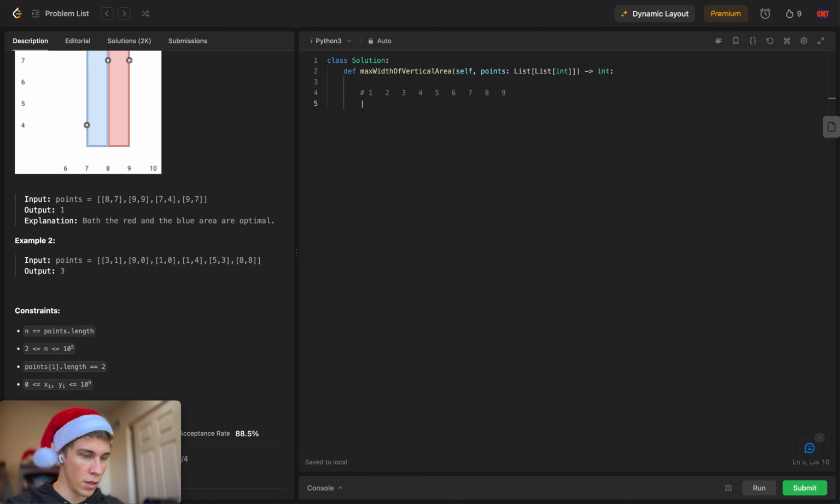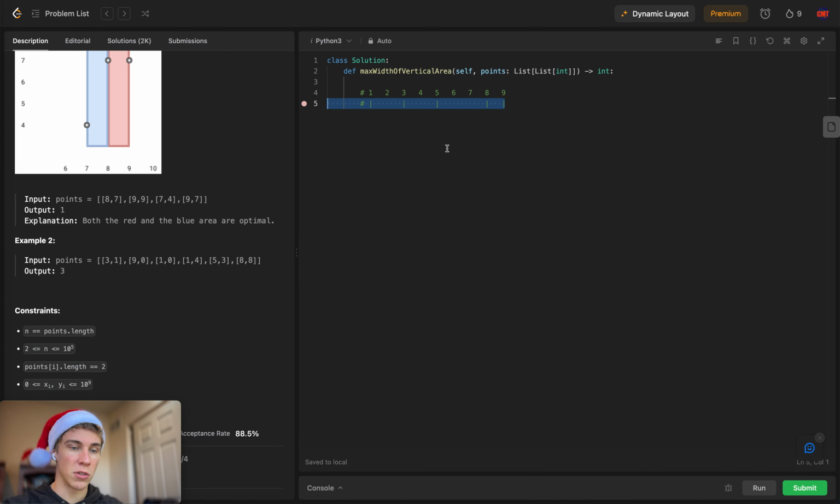I'm just trying to visualize this. We have a 1, a 3, a 5, an 8 and a 9. And along the x-axis, the greatest difference, just very visually, is between 8 and 5. So 8 minus 5 is 3, output is 3.